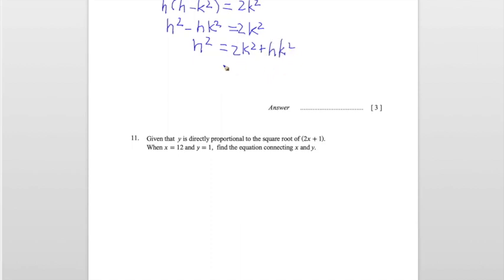So now k squared is common, factorize it out. And now we want k to be alone, so we divide by 2 plus h. We want k, so we take the square root, so our subject must be on the left. And when we take the square root, there are two possible answers, one plus and one minus.